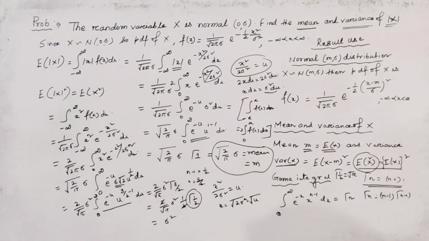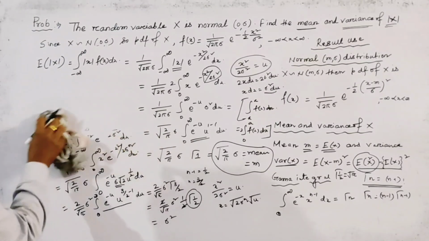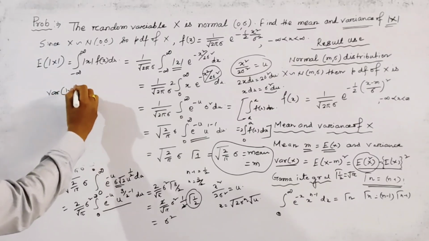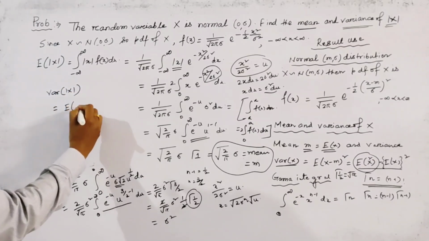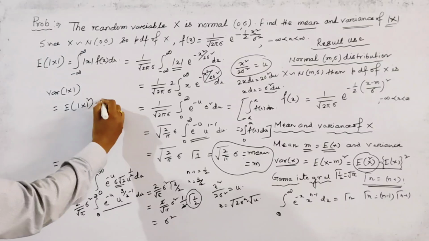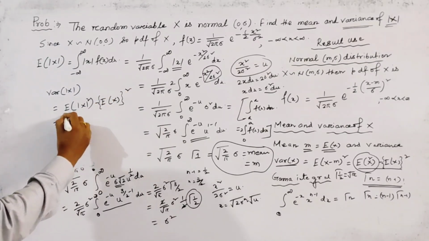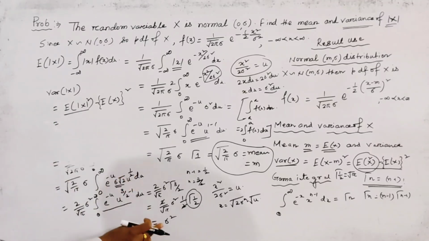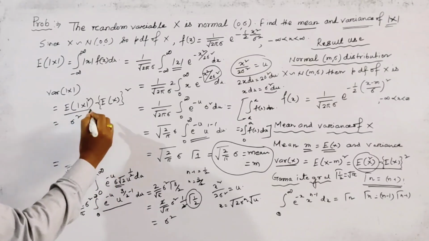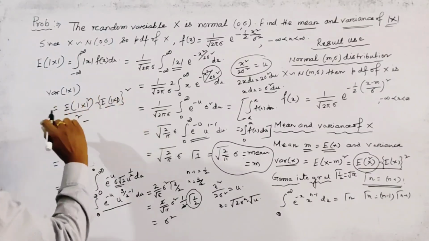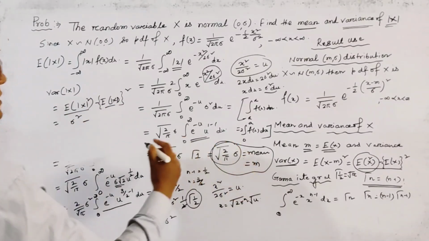Now, what is the definition of variance? We use the definition of variance here. We write the variance of mod x as expectation of mod x whole square minus expectation of mod x whole square. Expectation of mod x whole square we get from here, this is sigma square, and we get expectation of mod x, which is given by this result.